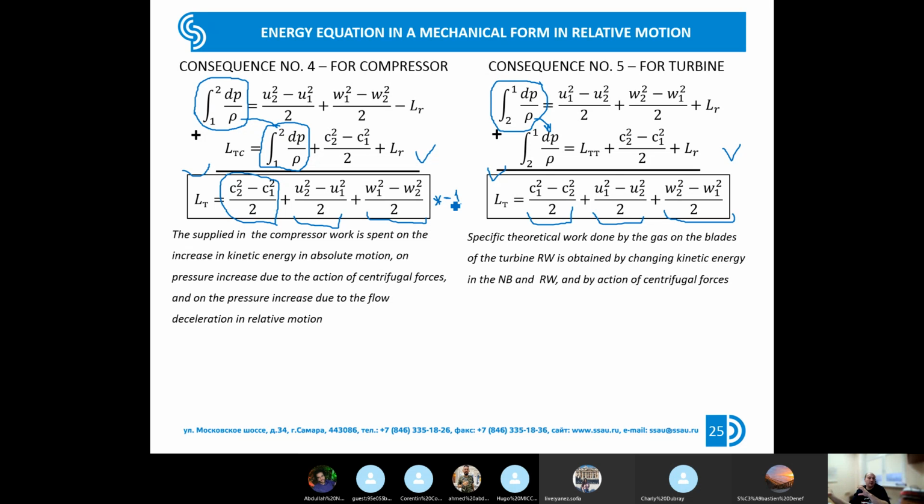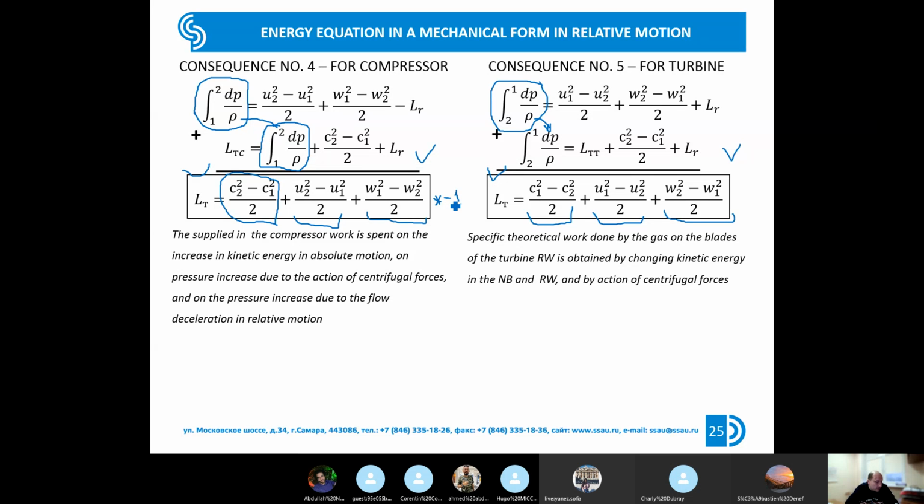It's the equation for the turbine or the equation for the compressor. We use the same equation for the compressor and for the turbine, but with only one difference: the equation for the compressor multiplied by -1, and we receive the equation for the turbine. What does it mean?